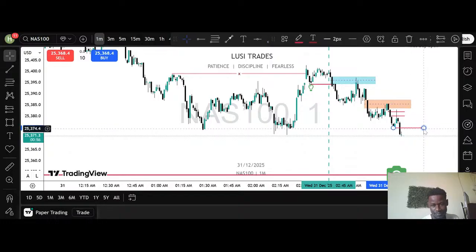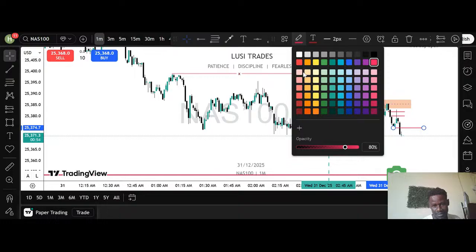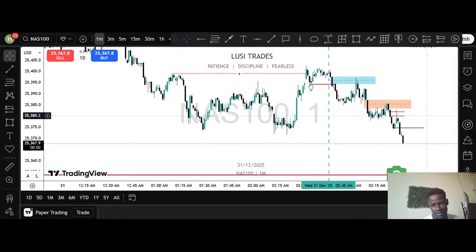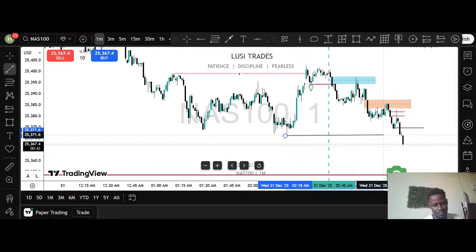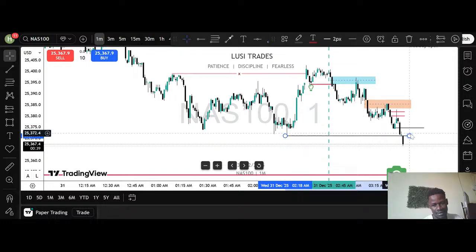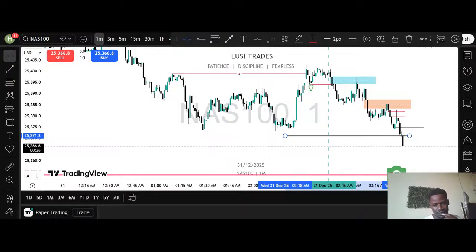But then I'd love to see price just push lower and leave it because we've traded below these lows. So this low that I'm highlighting. So below this low and give us that small up close candle.